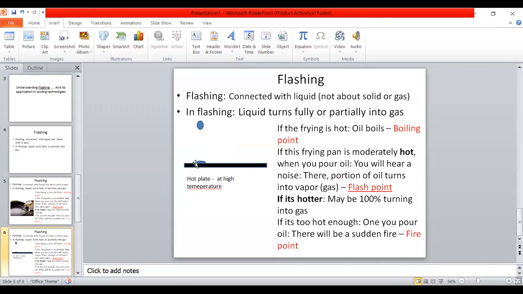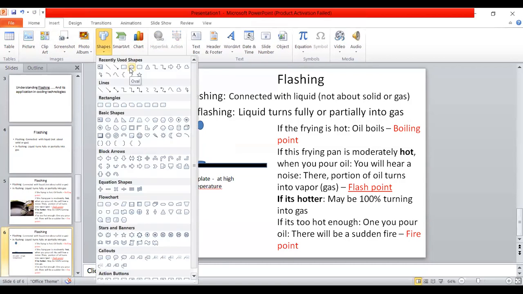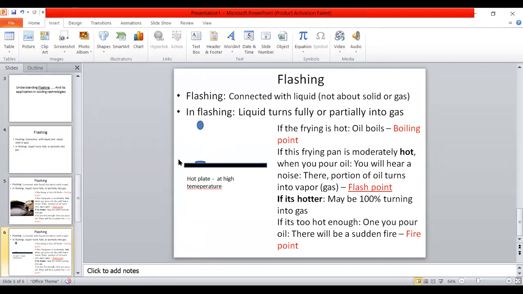And after that, immediately, this turns into gas or vapor very fast. That is the flash. Even in the camera, flash means a sudden light. Light appears for a millisecond and disappears. Just a flash only.